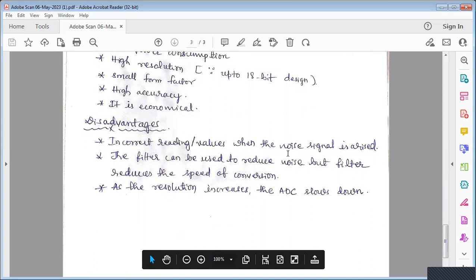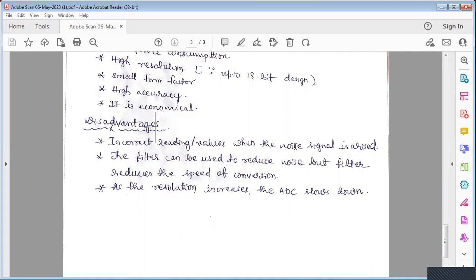What are the disadvantages? Incorrect reading values when a noise signal arises. If there is a noise signal in the circuit, then the output may not be correct. So that is a slight problem. And a filter can be used to reduce the noise. But if you are using the filter circuit, what happens?